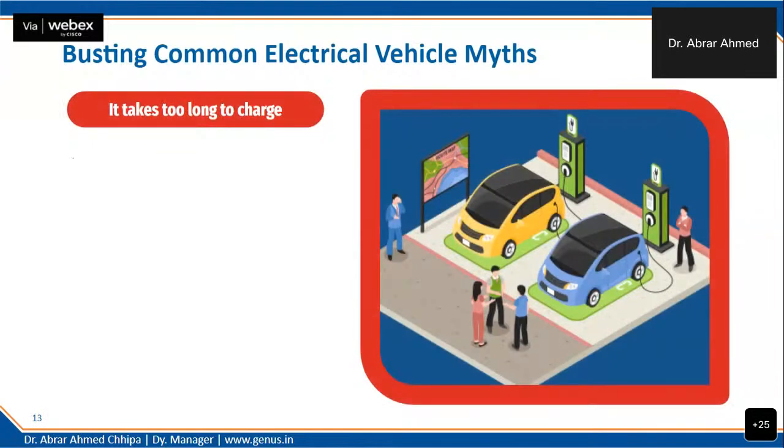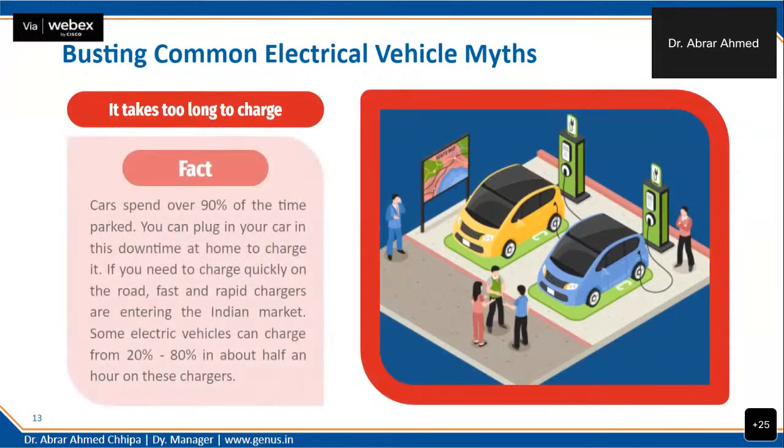Next is that it takes too long to charge. The fact is, the charging time of an electrical vehicle depends upon the type of charger used. We have different types of chargers: level 1, level 2 and DC fast charger. Level 1 is the slowest, and level 2 is much faster than conventional level 1.